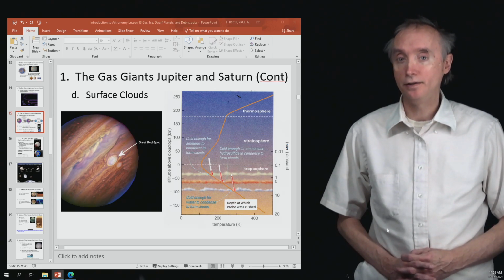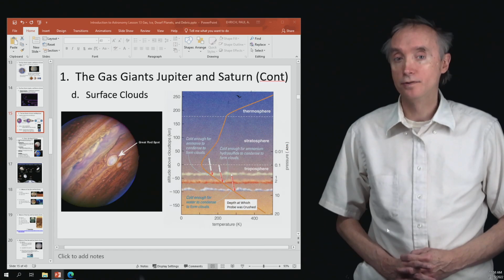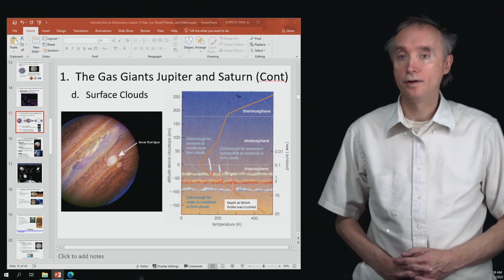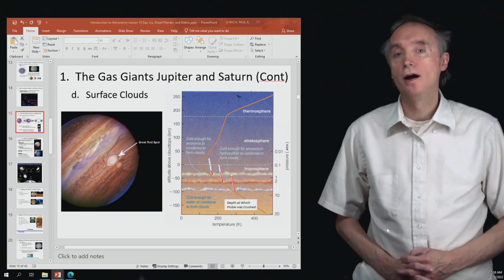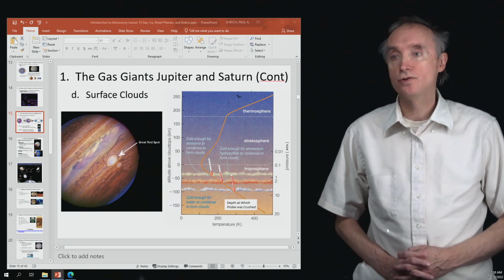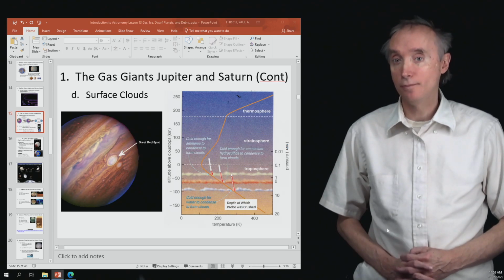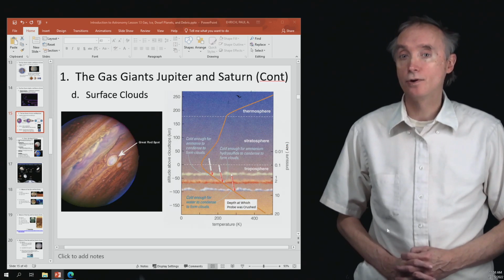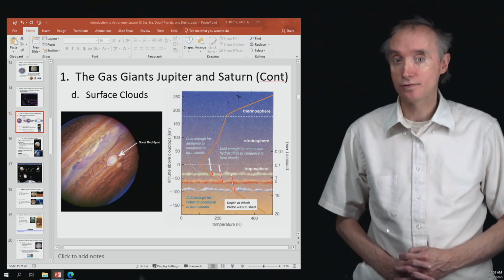So similarly on Jupiter, these different chemicals, water and methane and ammonium cyanide, I believe, are going to condense at different temperatures, which means that they're going to condense at different heights in the atmosphere.